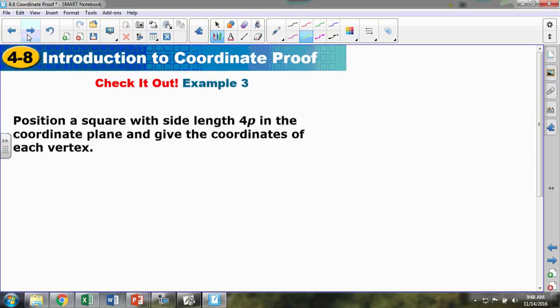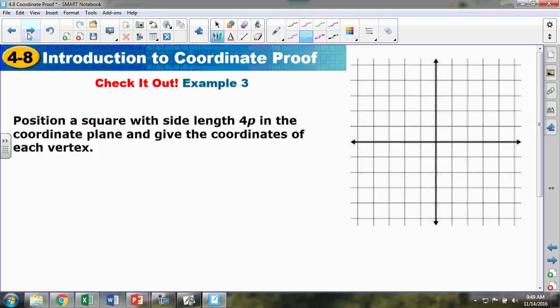For instance here, position a square with side length 4p. Okay, well, since it's a square, we know that a square is actually going to have that 90-degree angle. So we'll use the origin. We'll take advantage of the 90. And then go up.